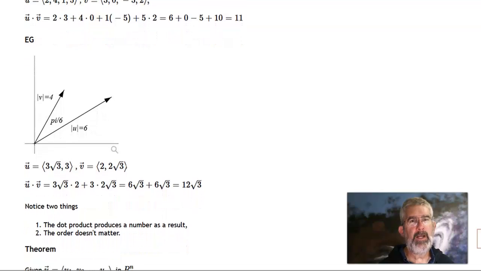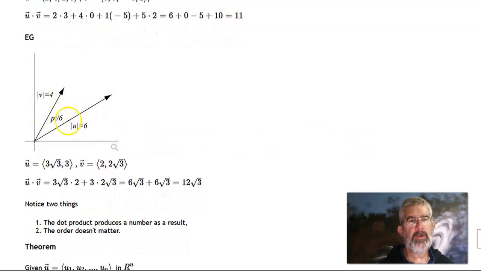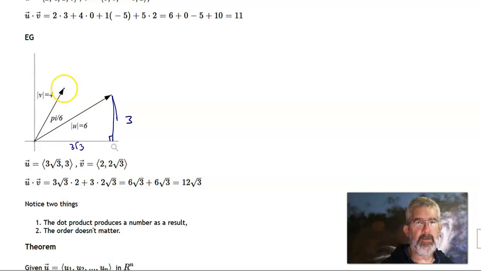Here's the example we did last time, where I drew these vectors and just gave you the lengths. I didn't actually give you the coordinates. Well, I can give you the coordinates here if I drop a perpendicular. Let's draw that perpendicular a little better. I drop a perpendicular here, and this was supposed to be a 30-60-90 triangle. So this length here was 3, and then multiplied, so this was 3 root 3. And likewise for this one, if I drop the perpendicular down, that was 4, so the x component down here was 2, and then this was 2 radical 3 up here.